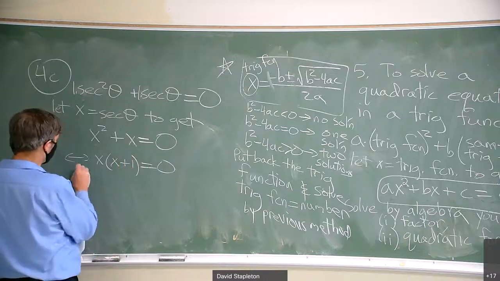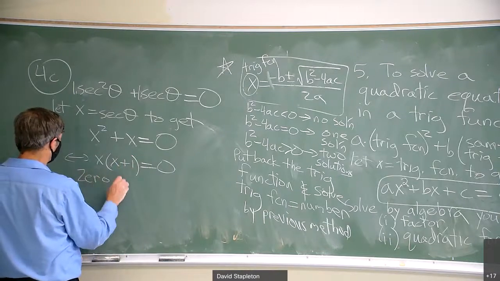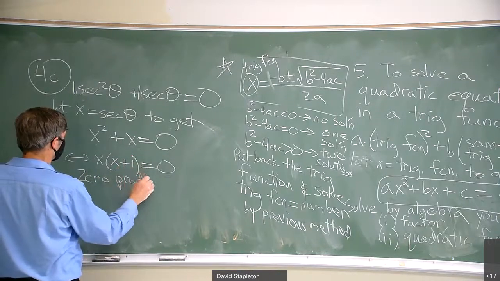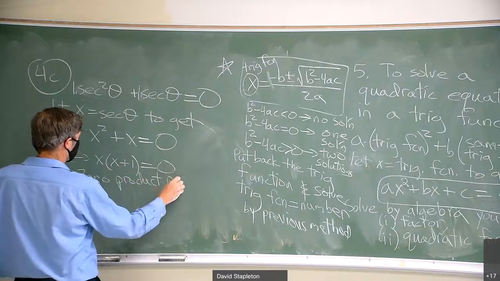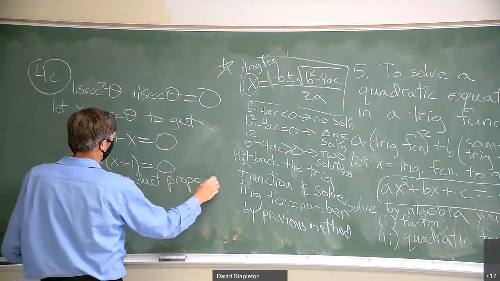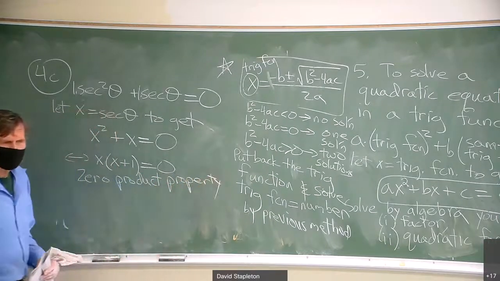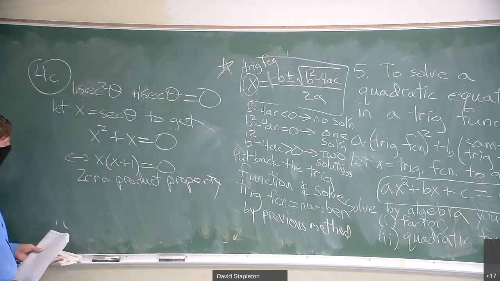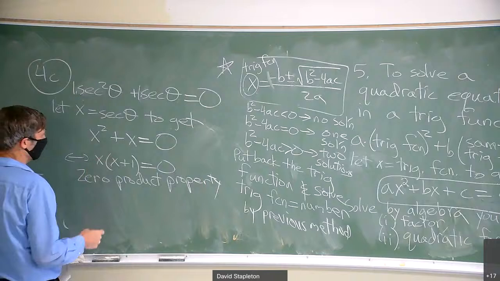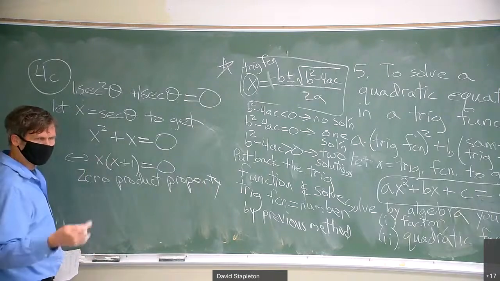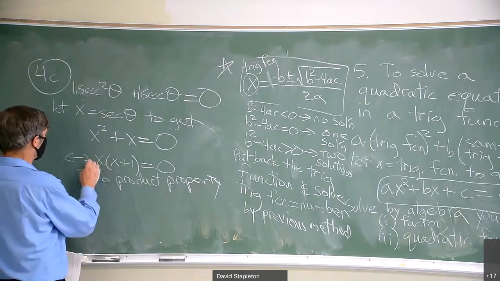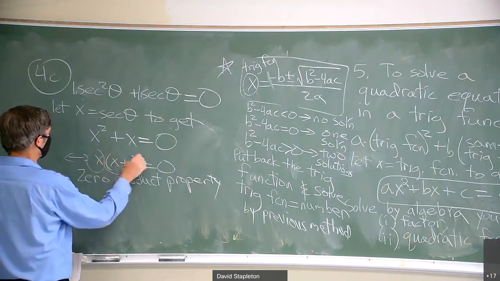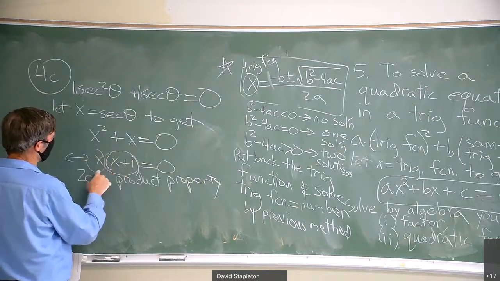Now we have the zero product property, right? What does that say? If the product of two numbers is 0, then at least one of them is equal to zero, one or both of them. So what's a factor? Factors are things that are multiplied together. I factored this, wrote it as this times this, so these are the two factors.